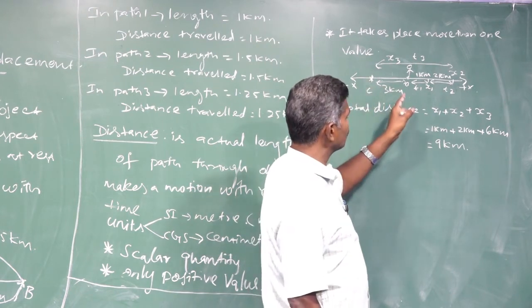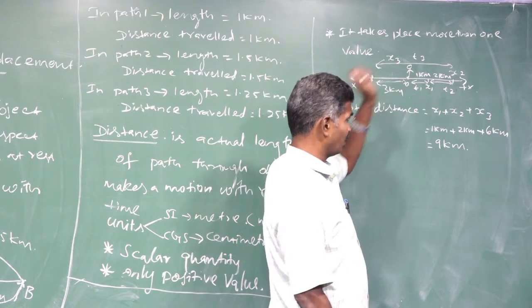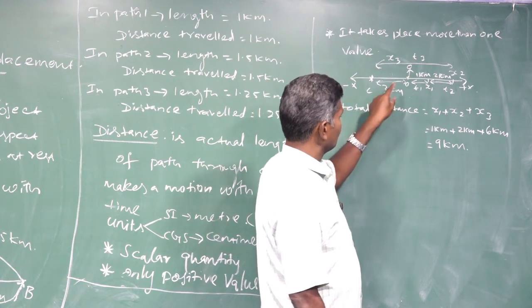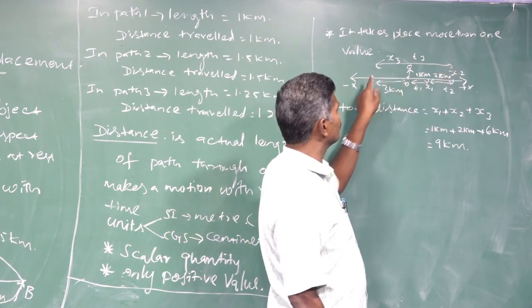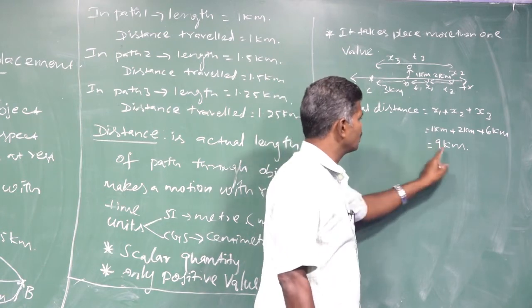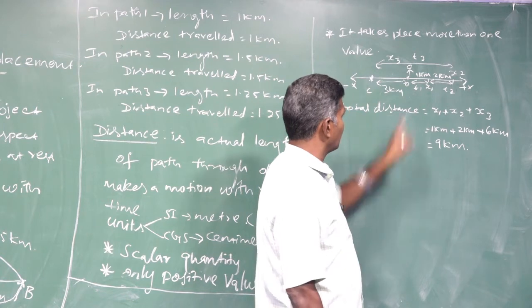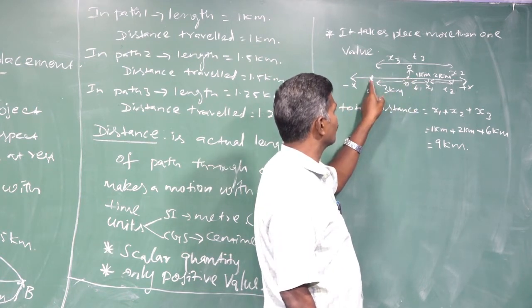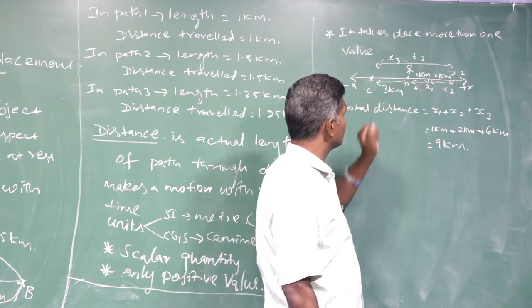He may move in any path. His required path may be his wish. So that's why if he moves from origin to x2, then x2 to C, the total distance travelled is 9 kilometers. But if he wants to move directly from the origin to C without moving in the opposite direction, it is only 3 kilometers.